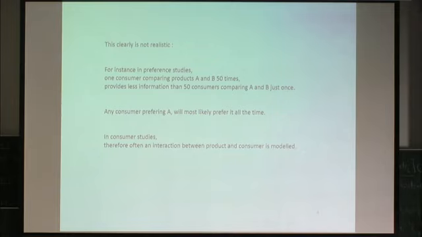And if among 50 you have 47 preferring product A, then you know something. But if you have two consumers preferring product A, you know nothing. So in consumer studies, therefore, an interaction between product and consumer is modeled.